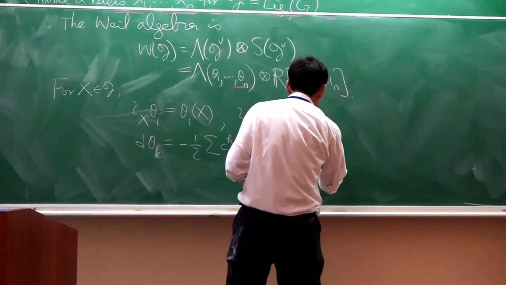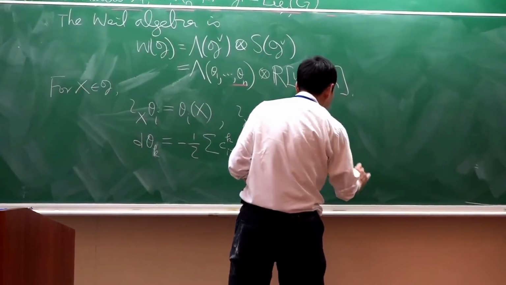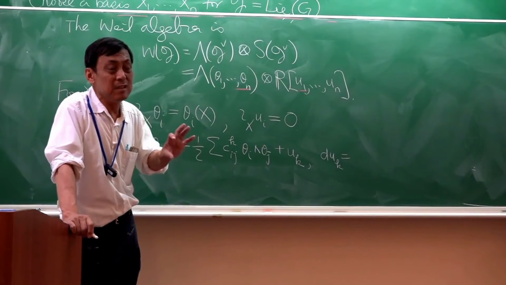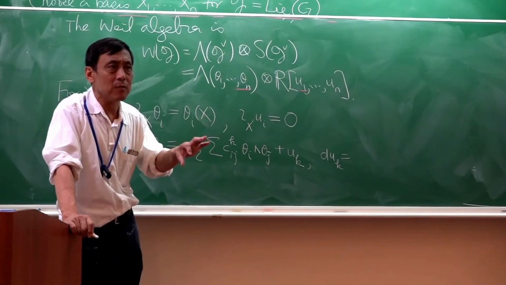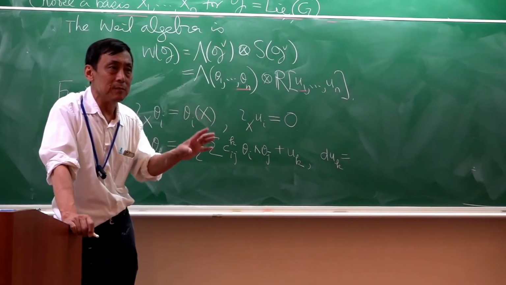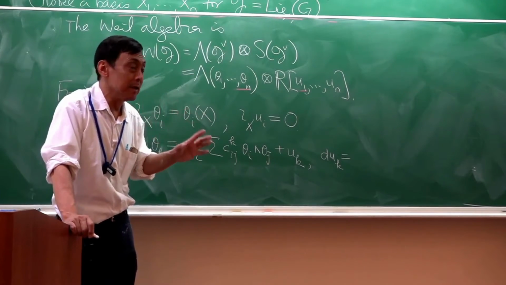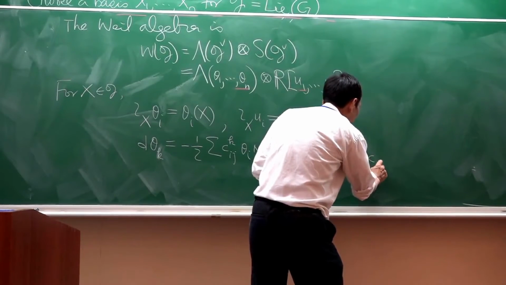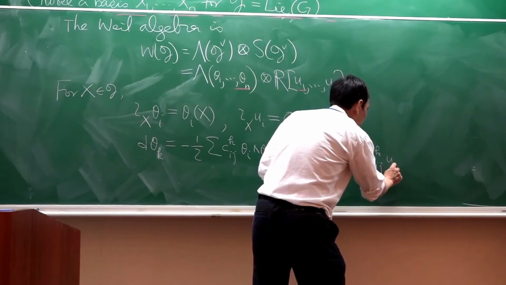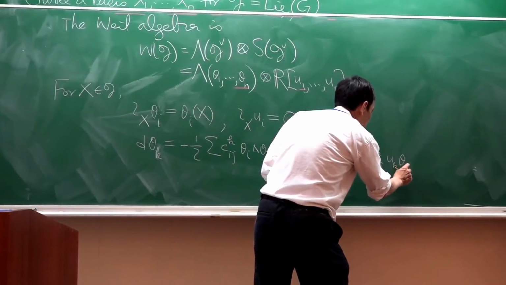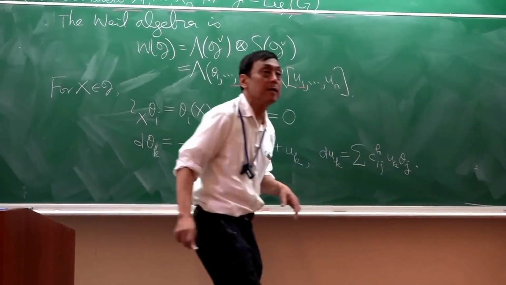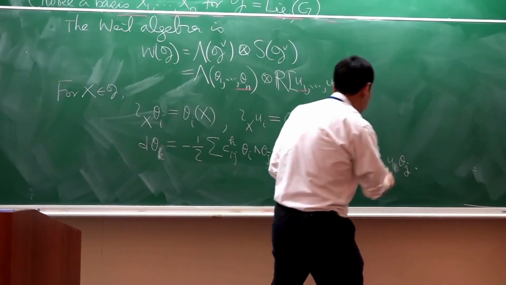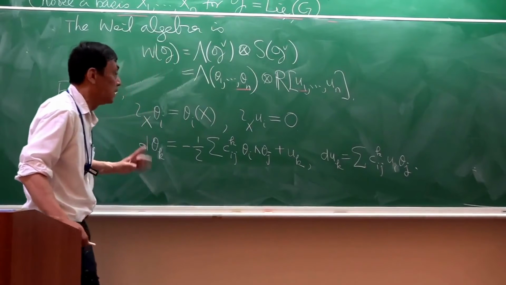And then duk is equal to, so you need a formula for D of a curvature form, which is given by the Bianchi identity. The Bianchi identity says that this is Cijk uk theta j. Okay, so that's how we define D.